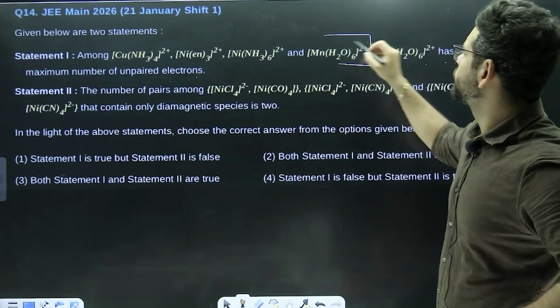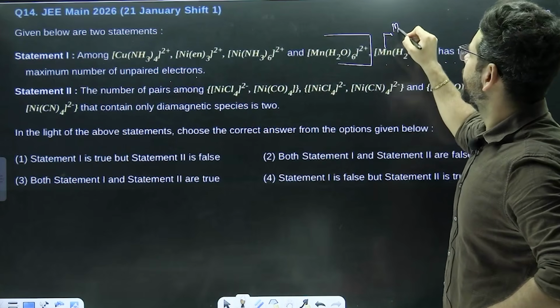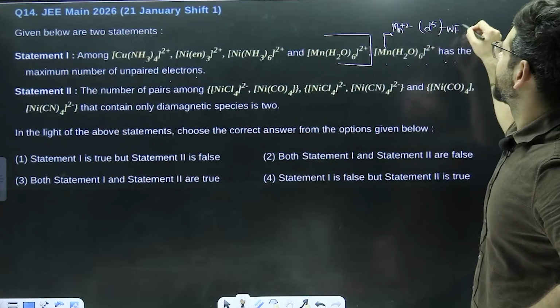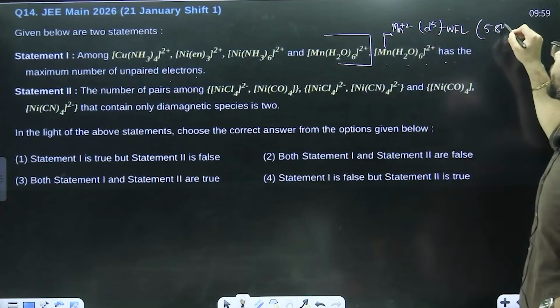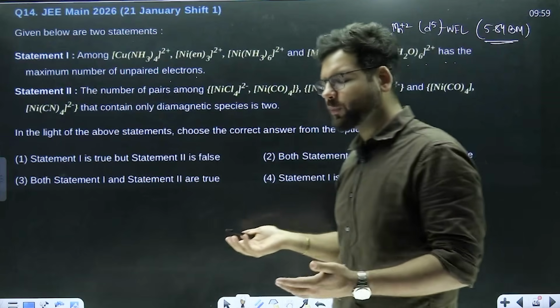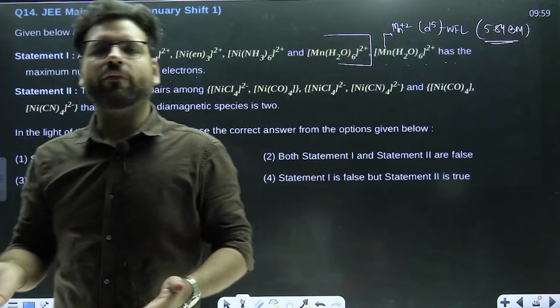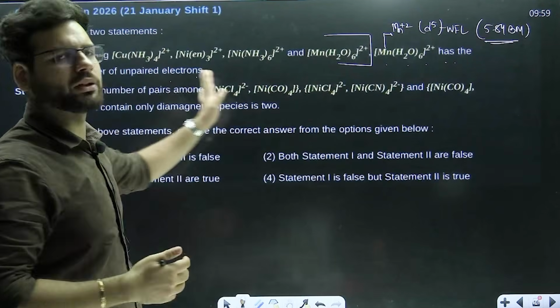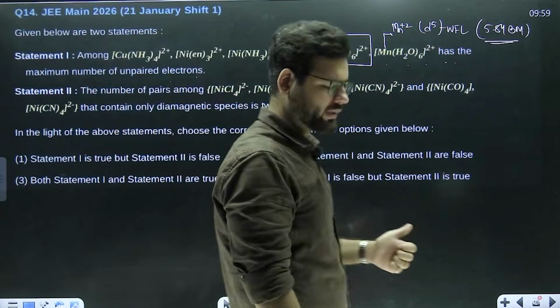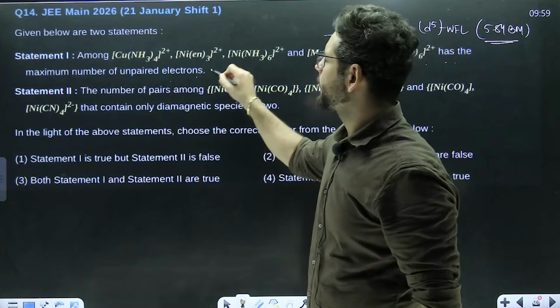Manganese plus 2 is a D5 configuration. D5 with a weak field ligand means 5.84 Bohr magneton, highest unpaired electrons. Not more than 5 are possible in any complex compound. 5 has to be maximum. I don't have to check others. So yes, it's a correct statement.